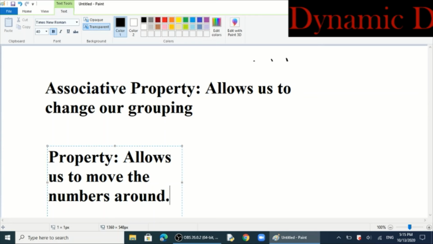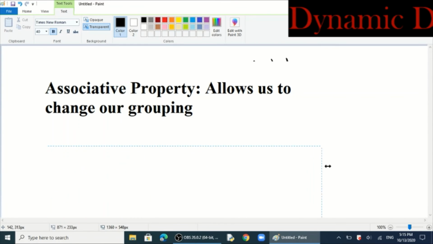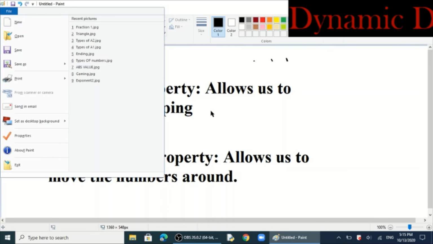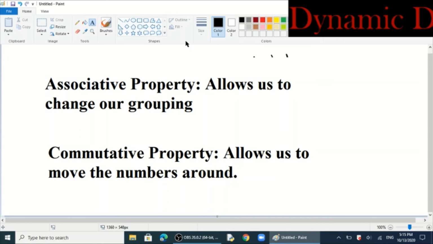I'm so bad at typing. And I don't know why you can't see. Okay, yeah. The commutative property allows us, so you can take a screenshot, because you know what, I'll actually open up, so the associative property allows us to change our grouping, and the commutative property allows us to move the numbers around.